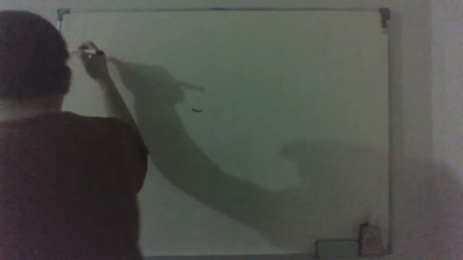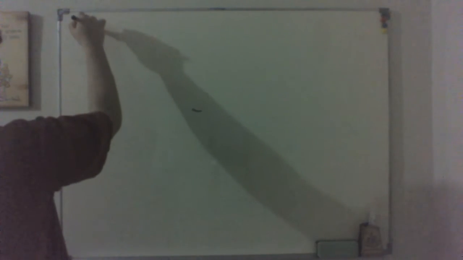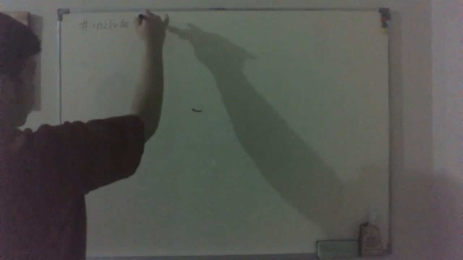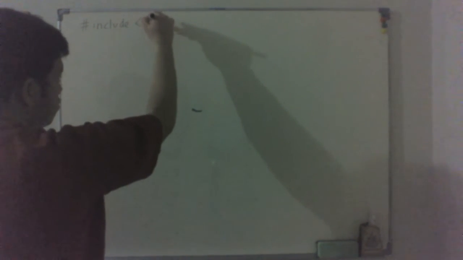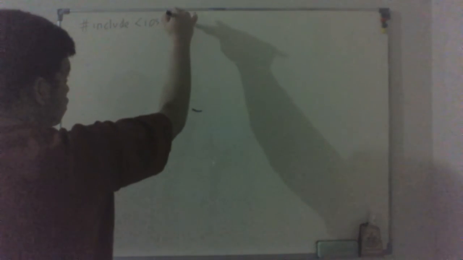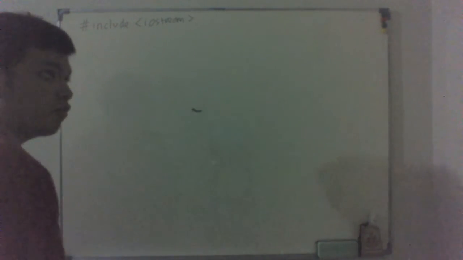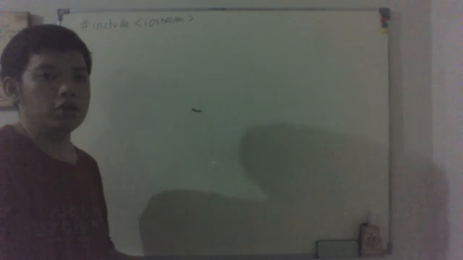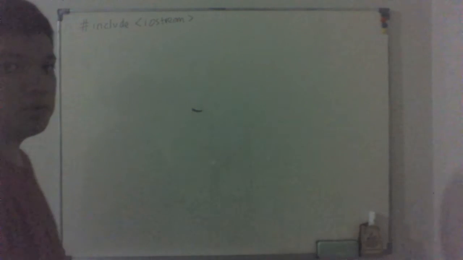Well, in C++, we use the iostream include directive whenever we want to deal with input-output. As you may have seen in my previous video, the intention was to show you how to do hello world in C#, but this time let's do it in C++.